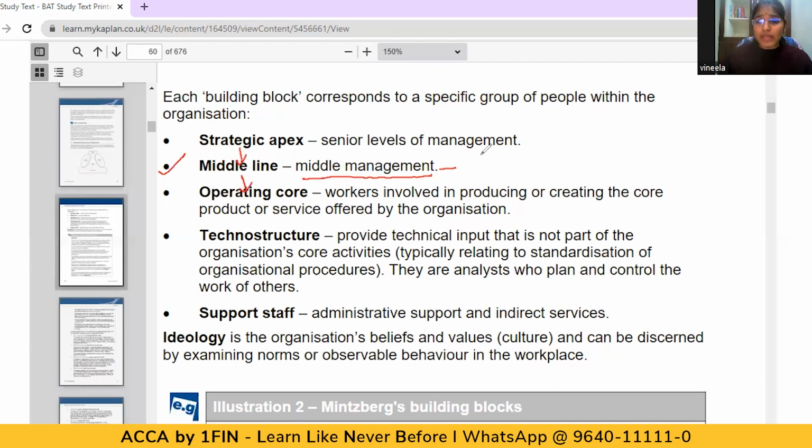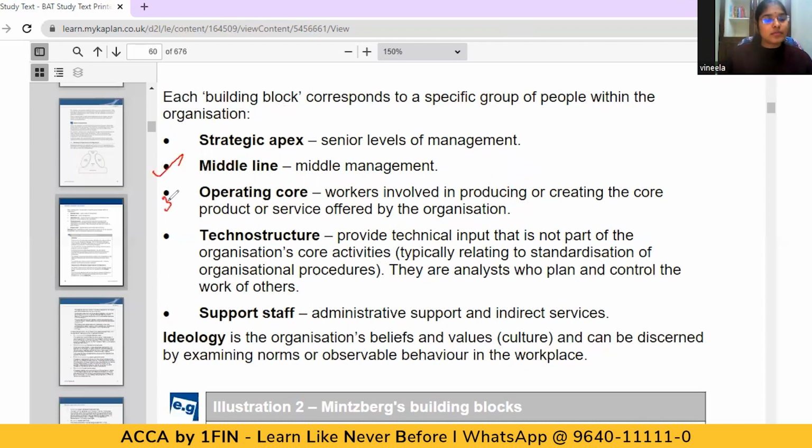Generally, the people here are managers. These managers will manage the operating core people, receive the instructions from strategic apex and give directions to operating core to run the organization. So the managerial level people in the whole organization will come under this middle line.